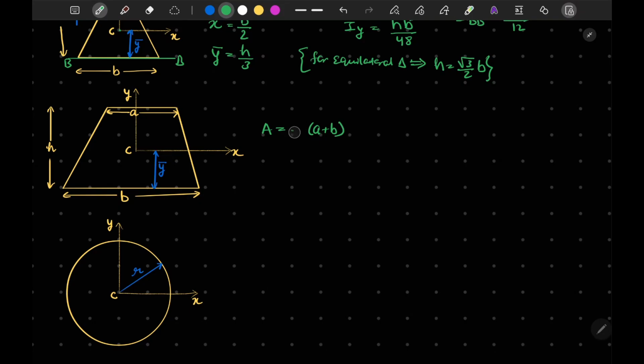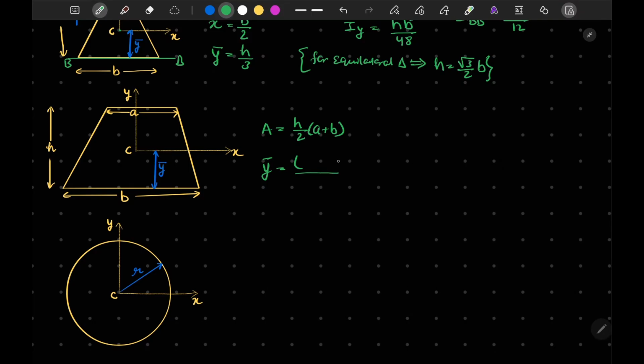So we generally write it as h by 2 times (a plus b). This is our area, and this y bar is generally used. x bar is not generally used in case of a trapezoid, although if a question asks, you can always calculate it.